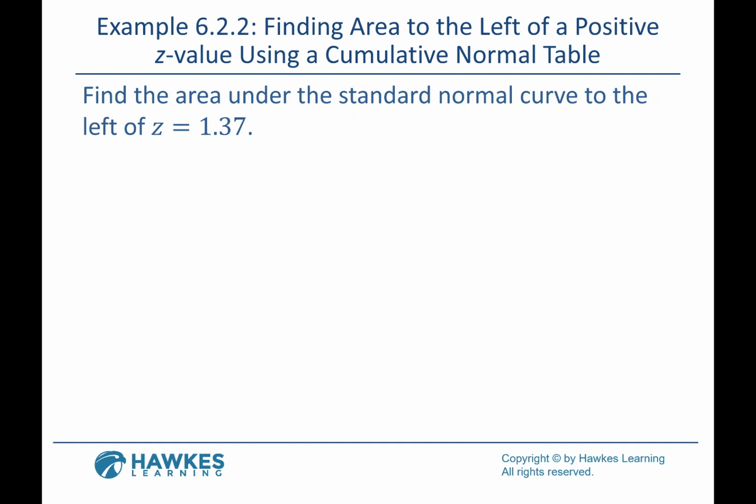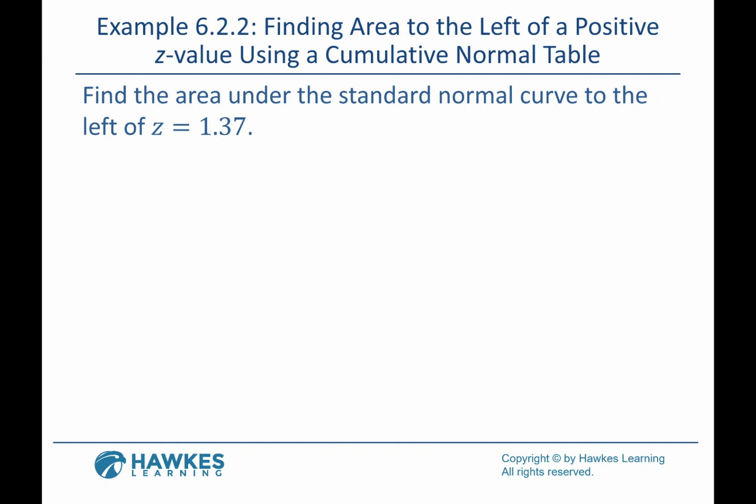It's really all one table. It just won't fit on one page. What we're given is the area from negative infinity to z. That means all the way from the left, all the way up to z. So that's the area to the left. That's what our tables are giving us here.